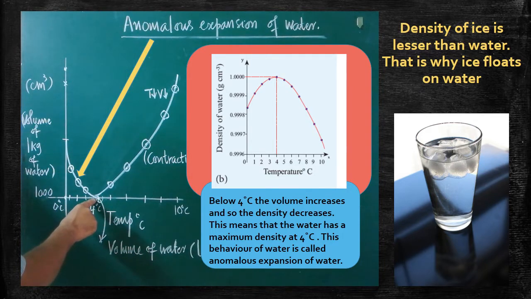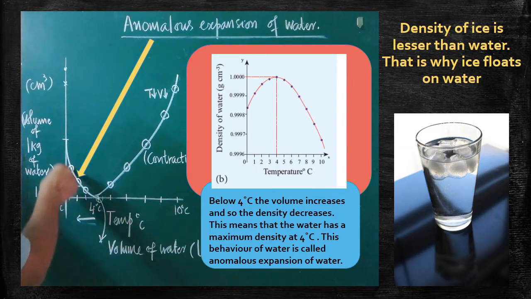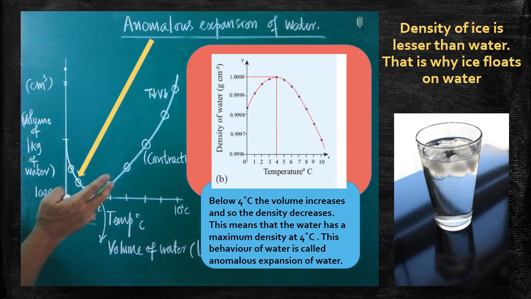When the water is cooled below 4 degrees Celsius, that is, from 4 degrees Celsius to 3, 3 to 2, 2 to 1, 1 to 0, instead of a decrease in volume, the volume starts increasing. That is, the water starts expanding. Are you clear? It starts expanding means volume is increasing.